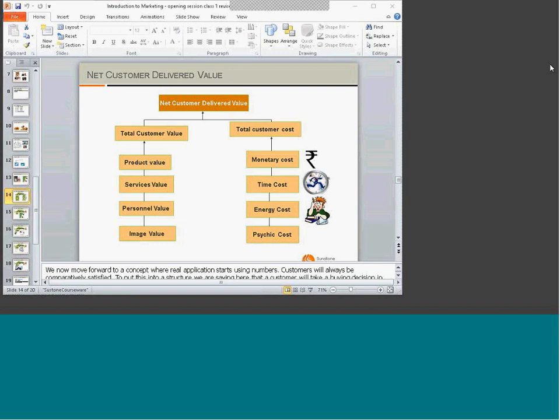And then the most important cost is psychic cost. Psychic cost is the money you are willing to pay for more reassurance. It will become evident with Bluestone.com versus Tanishq. How much money are you willing to pay extra to get it from Tanishq, for a product like a diamond ring?